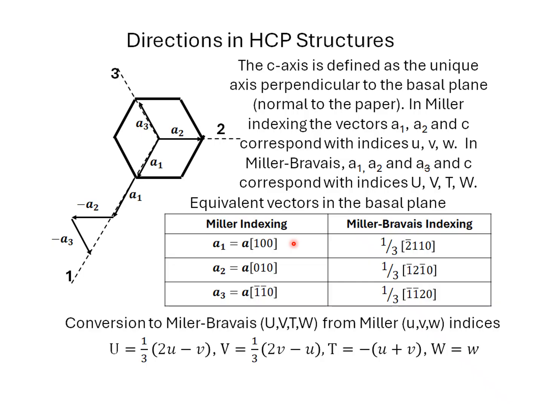In the Miller indexing system, they would have different sets of indices. So you would look at A bar 1 bar 1 0, for instance, which is perpendicular to the A3 axis, and you wouldn't necessarily know that it's the same type of plane as 010, for instance. But when you use the Miller-Bravais indexing system, they're all the same, just different combinations of the same indices.